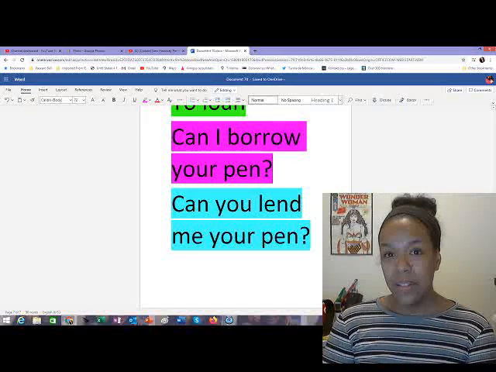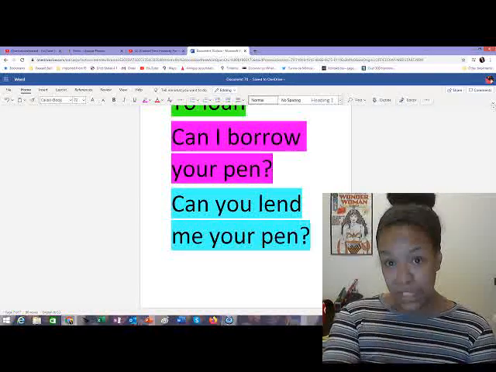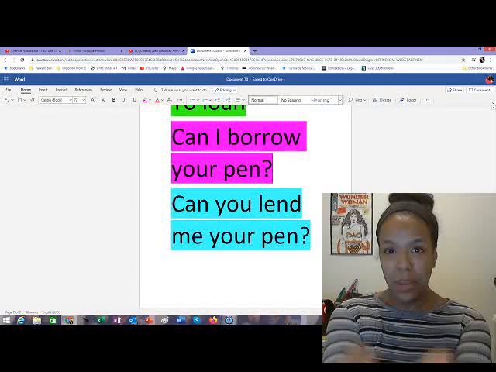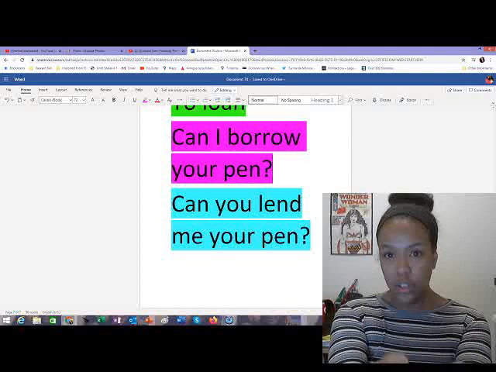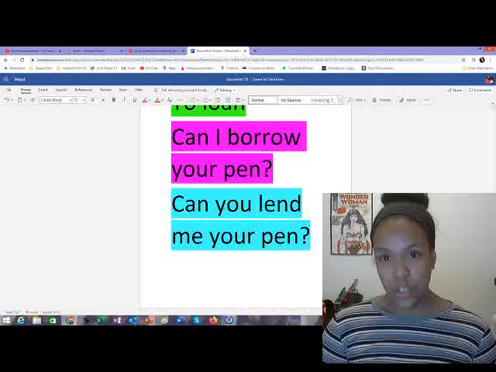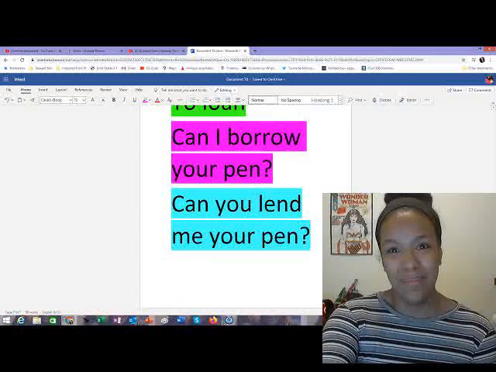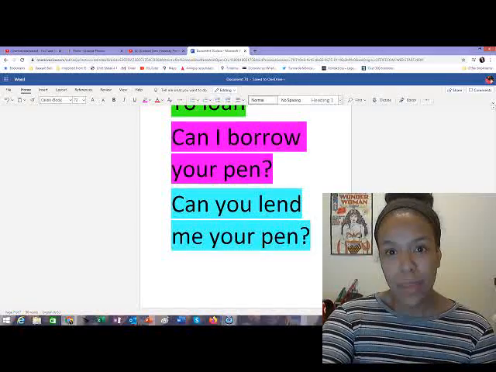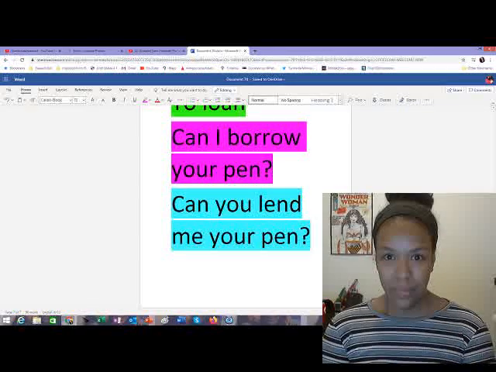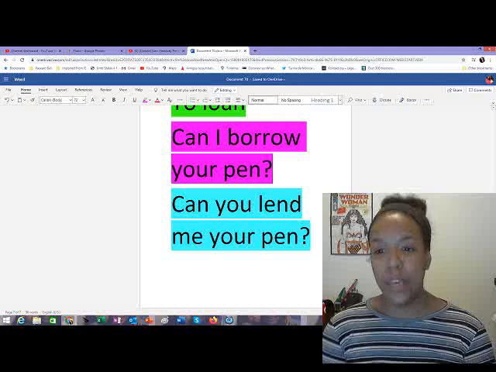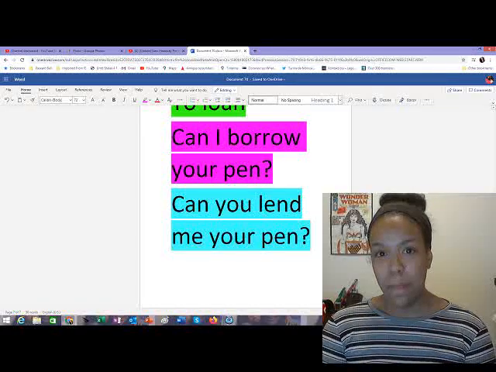Somebody lets you use something that they have. They say, here, use my phone. After you're finished using it, you'll give it back to me. So I'm lending my phone to you. During that process, you are borrowing my phone.